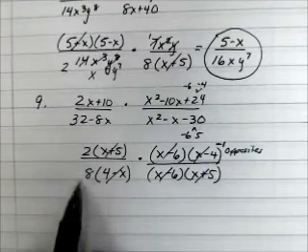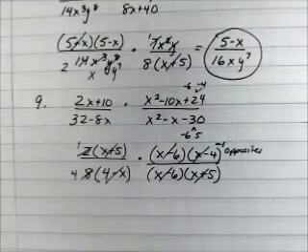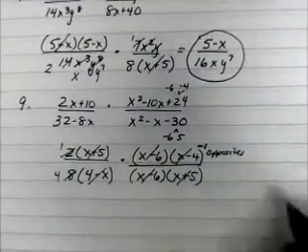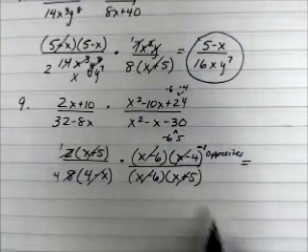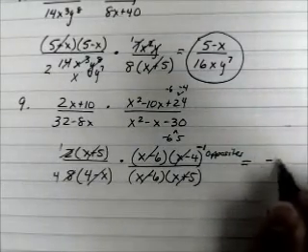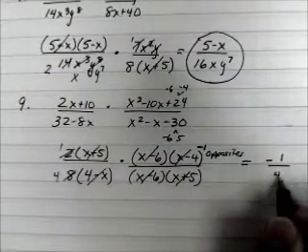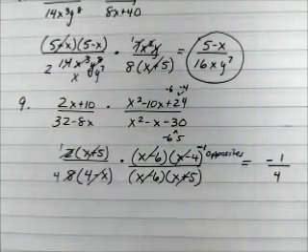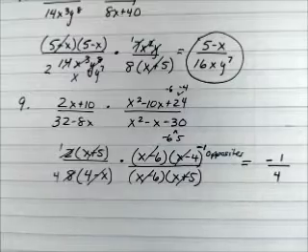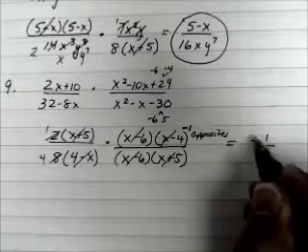And one last thing, the 2 and the 8 reduce. 2 and the 2 once, 2 and the 8 4 times. So let's look across our numerators. We have 1 times negative 1, that's negative 1. And 4, so negative 1/4 is our answer for that. Our final answer is negative 1/4.